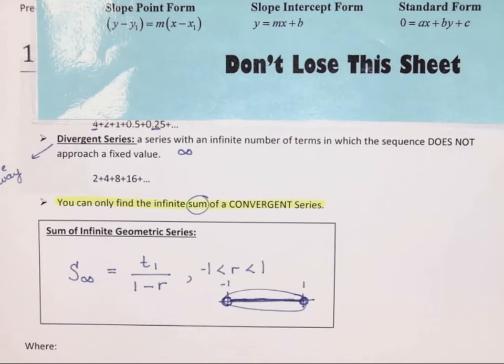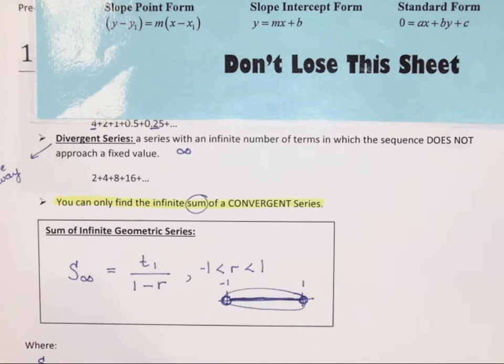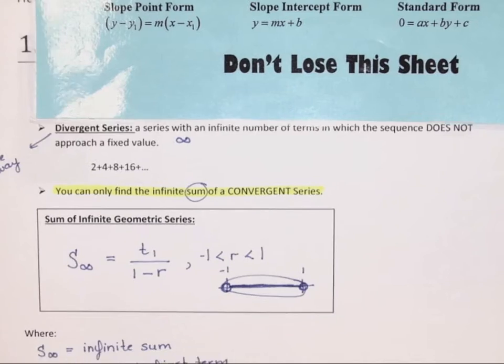Okay, so let's define this. S infinity is the infinite sum. T1 is the value of the first term. And r is your common ratio. That's how you get from number to number. Sorry guys, I couldn't read that.